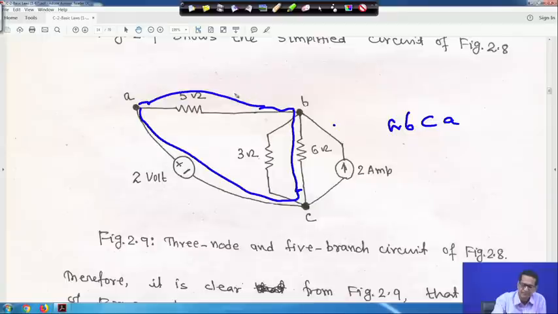I am moving clockwise, so in this case A B C A is a loop, right. The question is that you have to find out the independent loops.